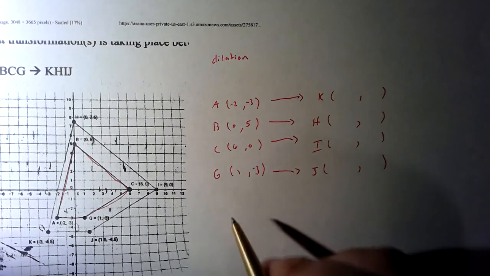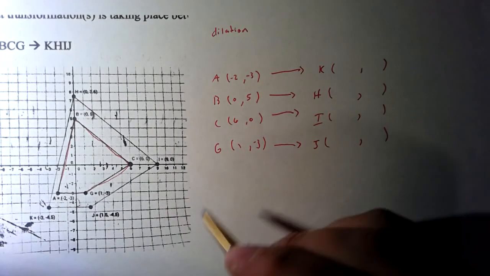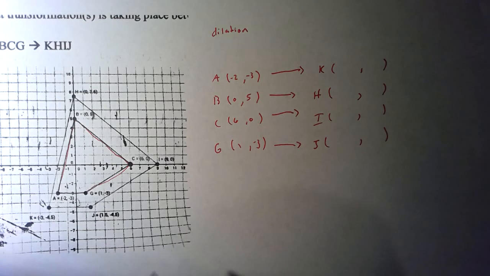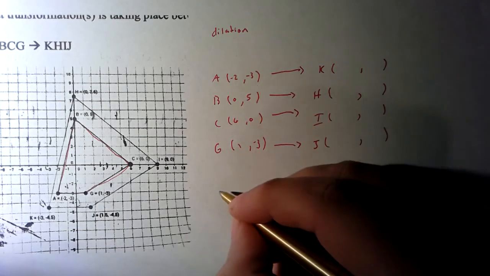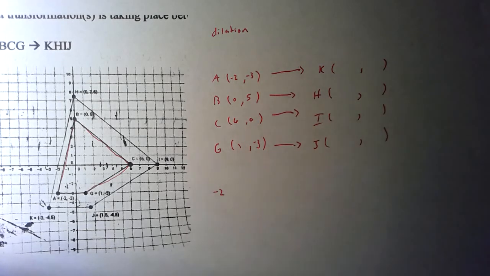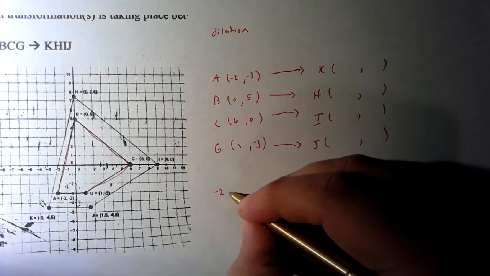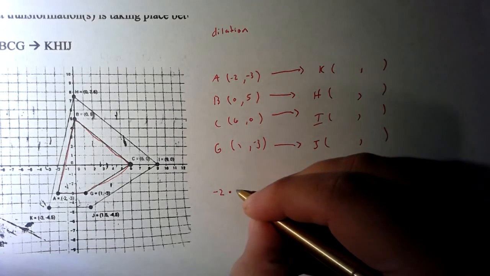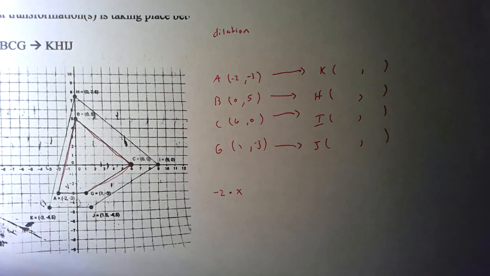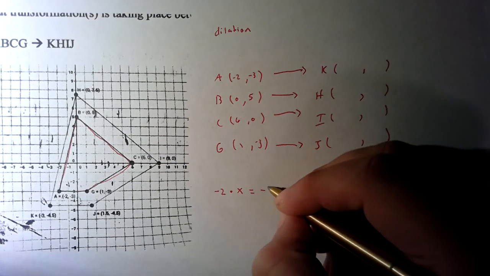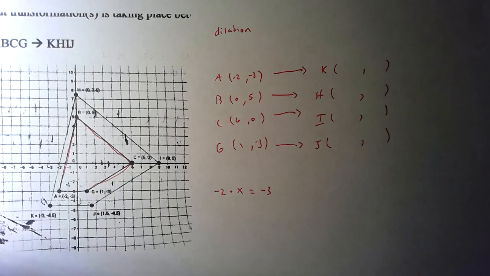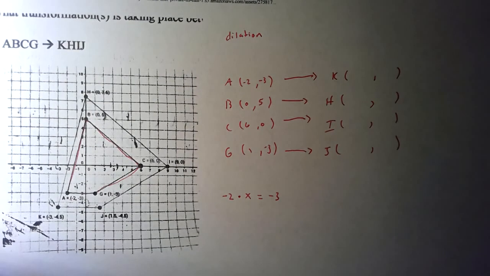So what I'm going to do here for side work is make a little algebra equation. The x value for A is -2. And if this is a dilation, then we need to multiply it by something. So I'll put times x to get -3. Okay? So we need to solve for that.